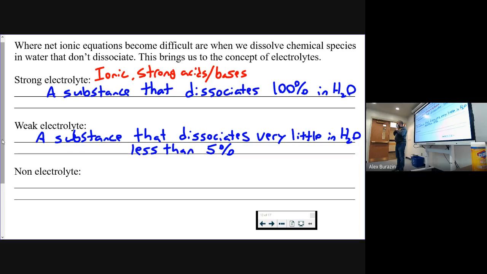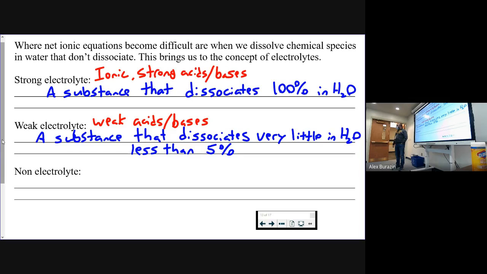Make sense? For our purposes in this class, these are generally weak acids and bases. And again, we have not talked about acids and bases just yet, but eventually that will make more sense. What do you think a non-electrolyte is?